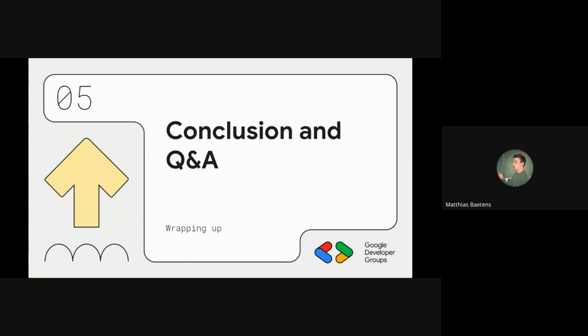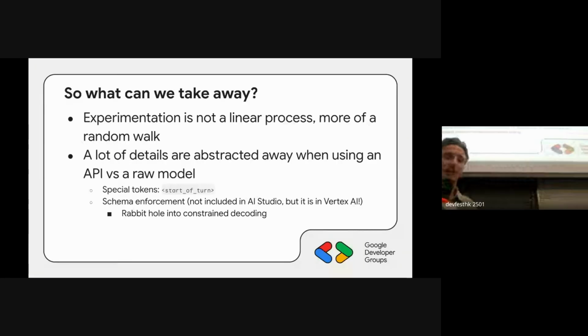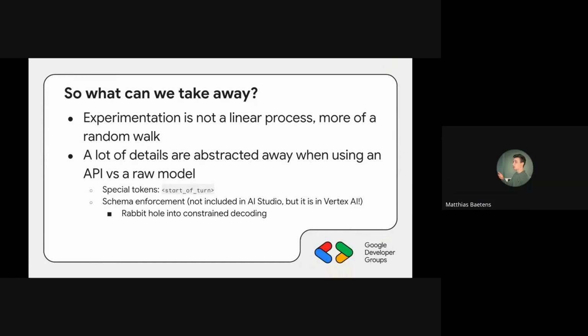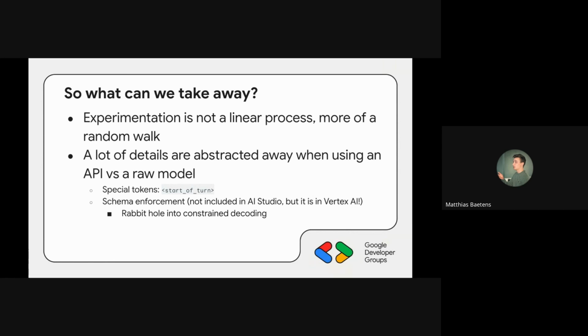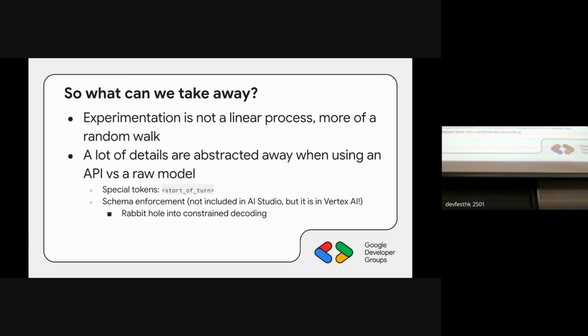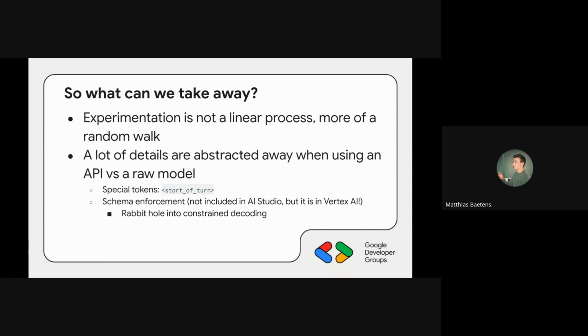So, conclusion. A few practical takeaways. For me, the experimentation was not a linear process. It was more of a random walk. I learned that a lot of the details are abstract, the way you're using special tokens to delineate the interactions of the model.